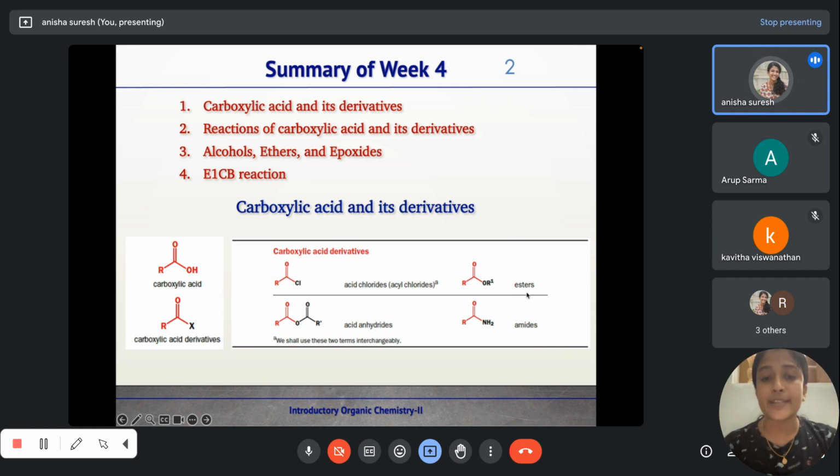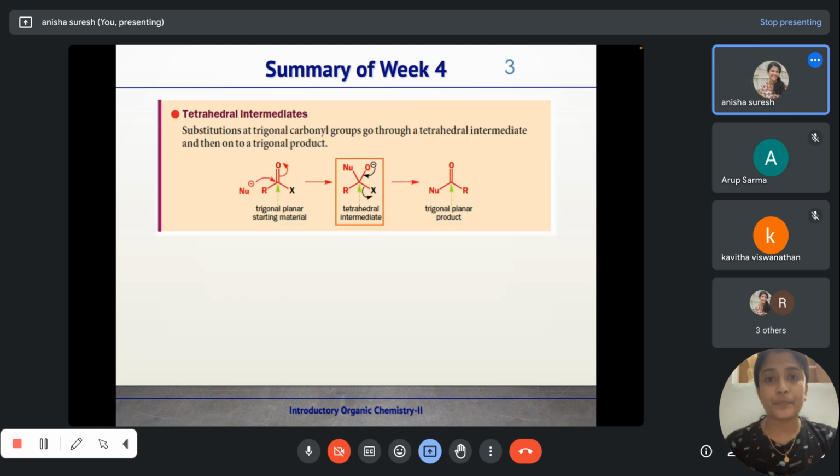Then acid anhydrides, where OH is replaced by C double bond O R. And if OH is replaced by amines, then it is called amides. So these are the structures of carboxylic acid and its derivatives.